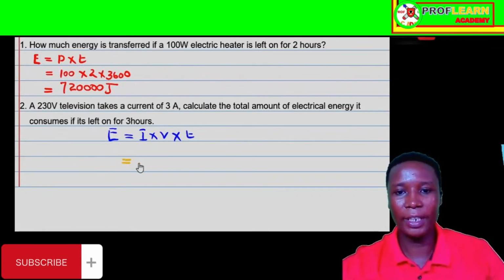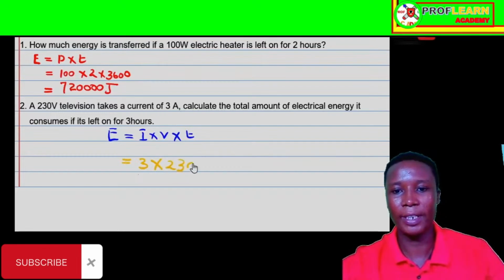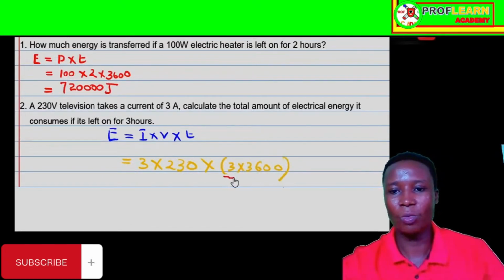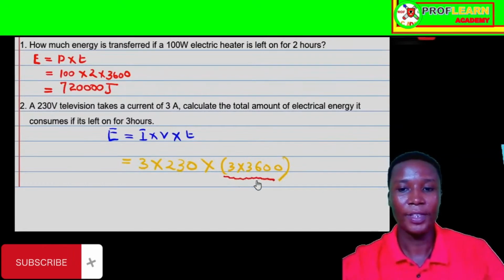So our current in that question is 3 amperes times the voltage, which is 230, times the time, which is 3 hours, times 3600. In this part we just want to convert the time to seconds. That's why we are having that step there.